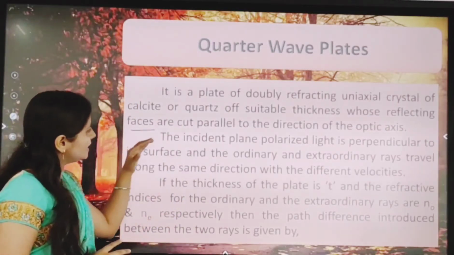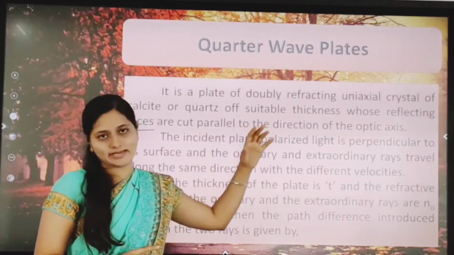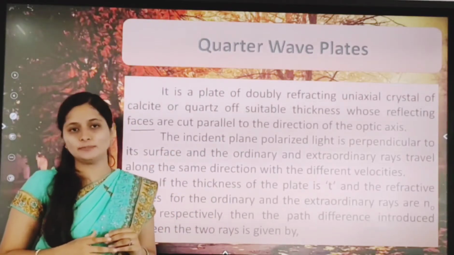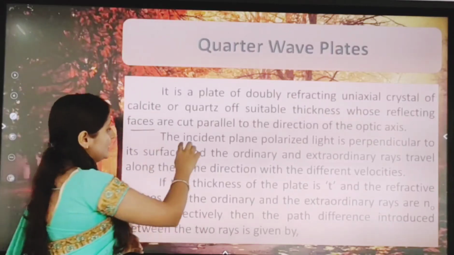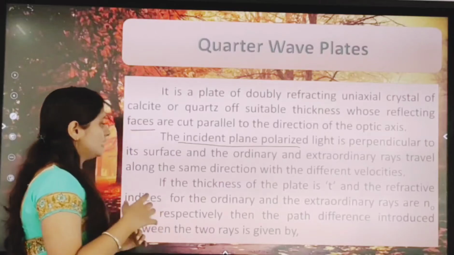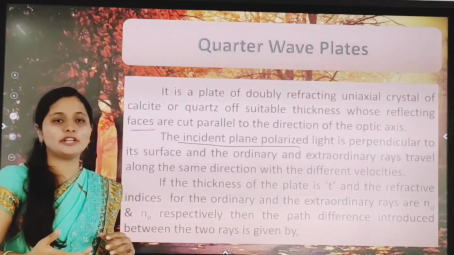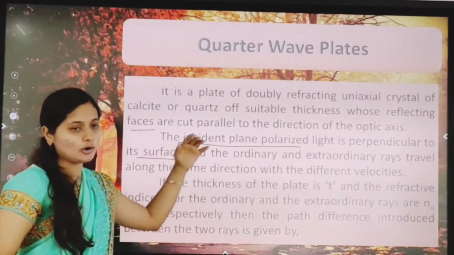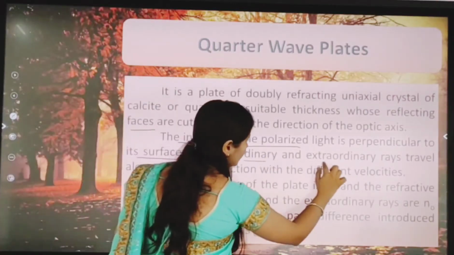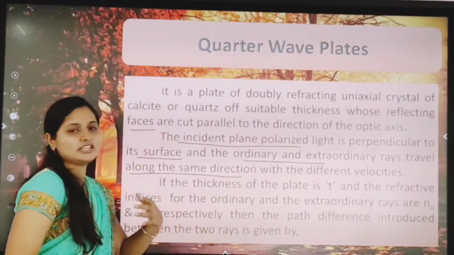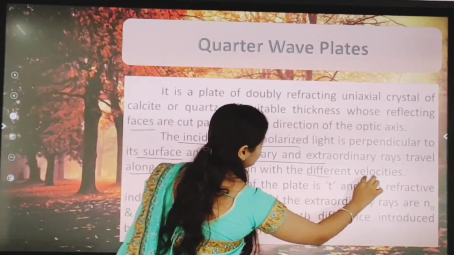Next, the incident plane polarized light. Whatever incident light is there will be plane polarized. That incident plane polarized light is perpendicular to the surface, and the ordinary ray and extraordinary ray travel along the same direction with different velocities.